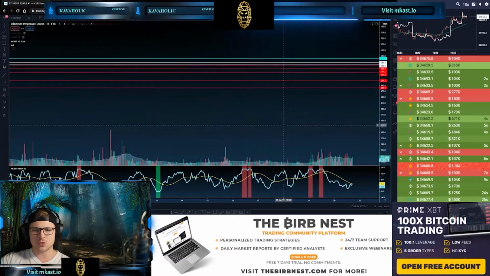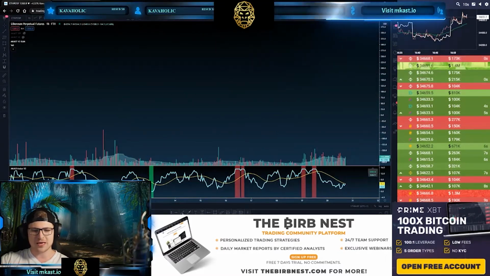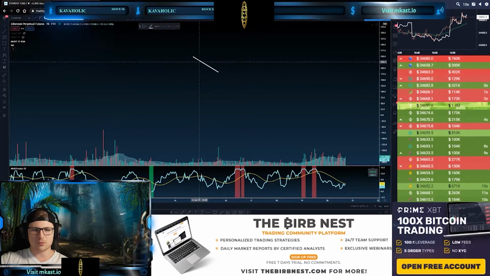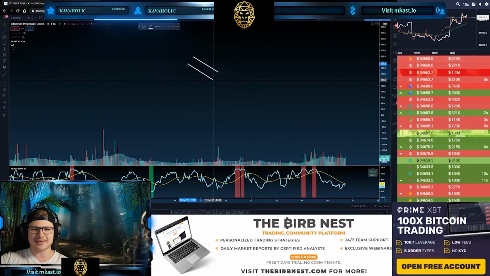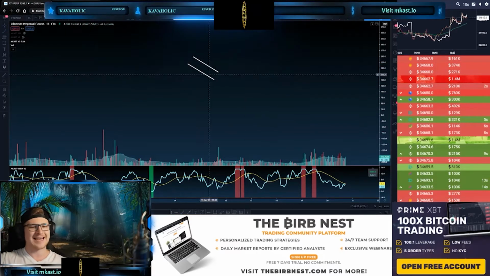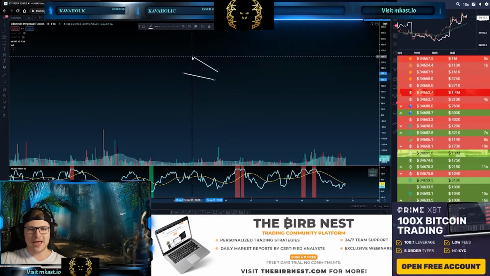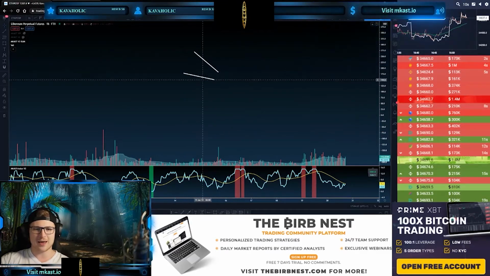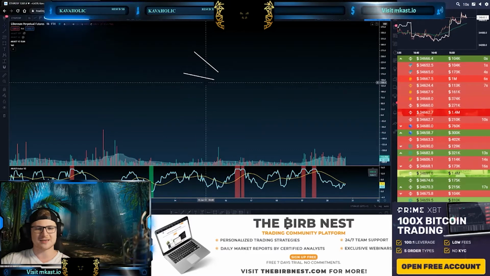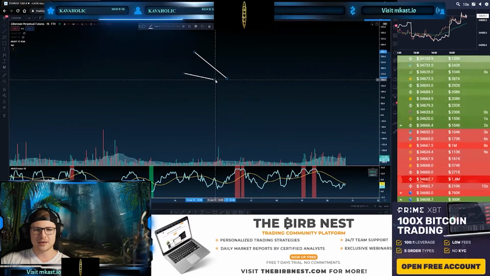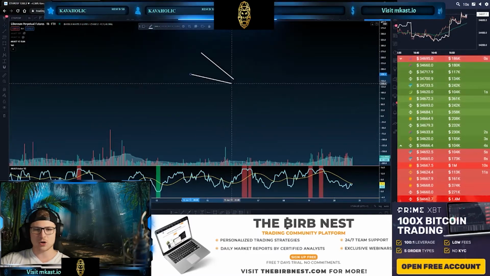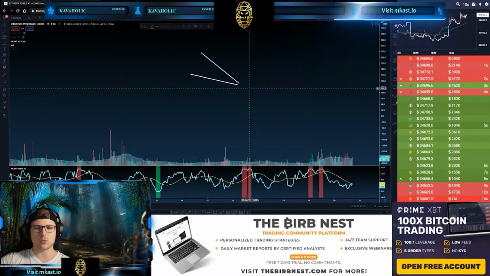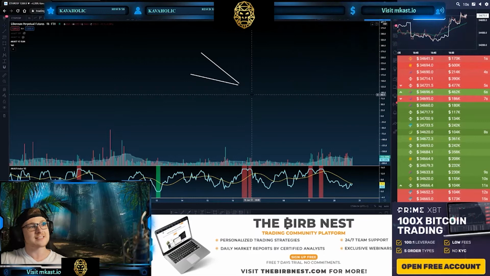So let me go into an uncharted area right here. As you know, a normal channel or a normal bull flag just goes like this. It's mostly parallel, and that's it. Now, if we have the two lines, the downtrend line as resistance and the support line, pointing to one singular point, and if we extended them at some point they would be crossing over, then this is a wedge.